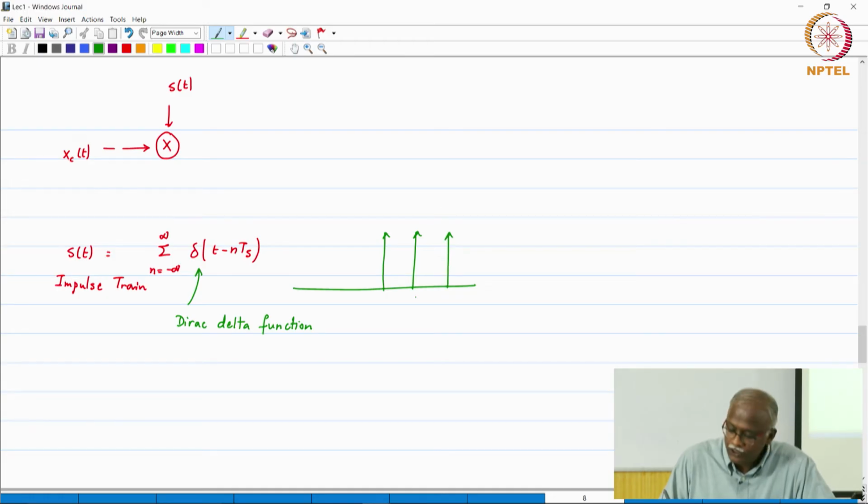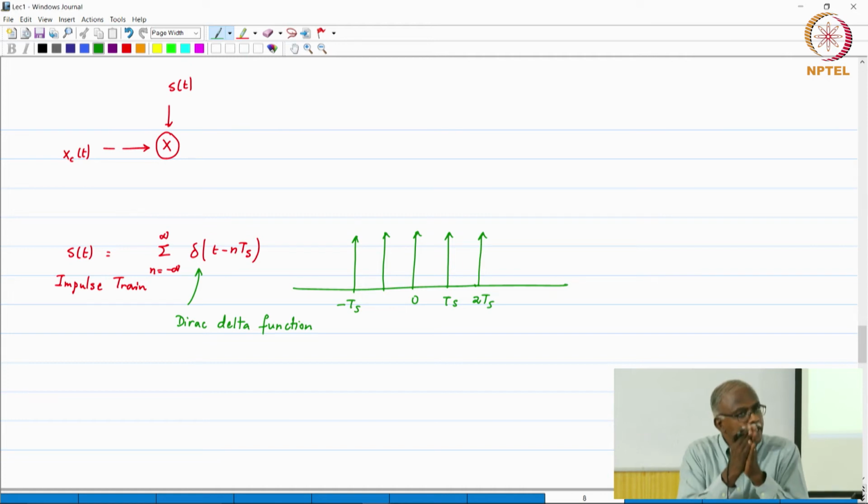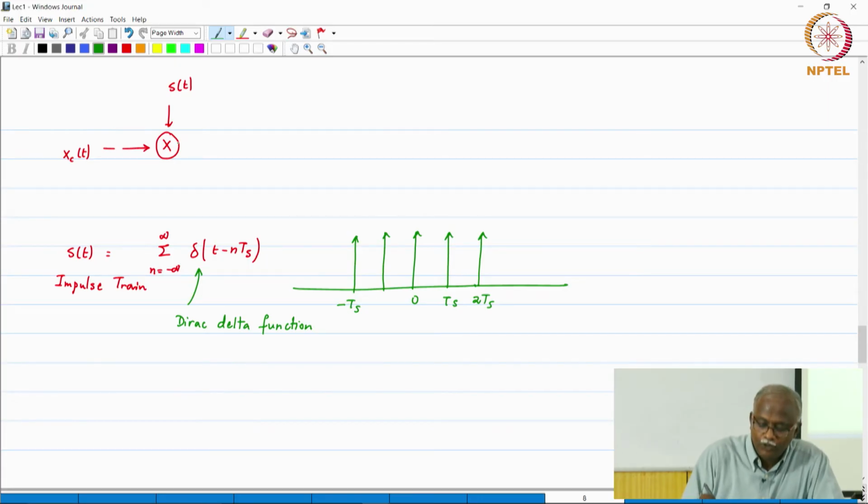Okay, you can think of it as 0, Ts, 2Ts and so on, minus Ts. I multiply this with my xc of t, the continuous time signal. Since the Dirac delta is defined only where the delta occurs, it basically wipes out the signal at other points; that is the sampling property of the Dirac delta. So, I utilize that and multiply with S of t.